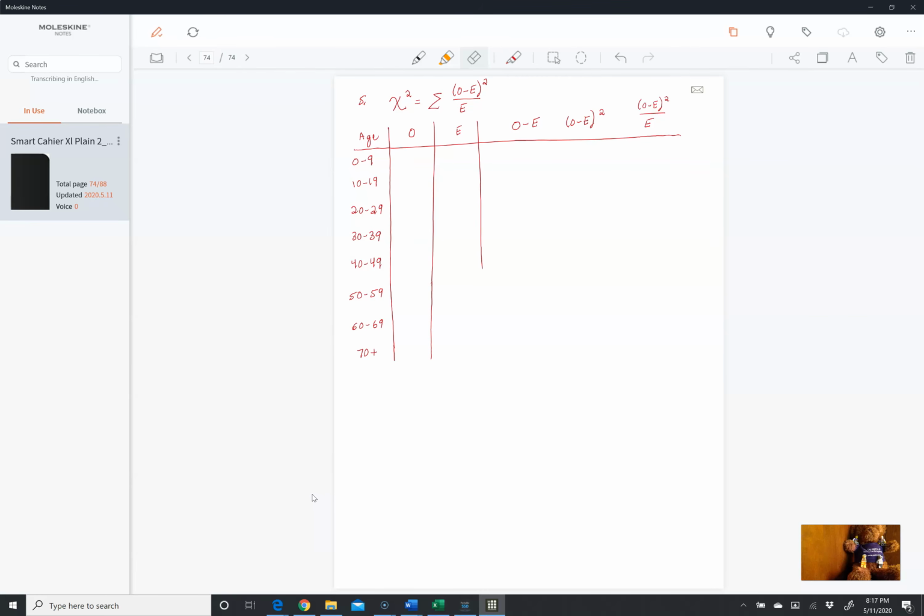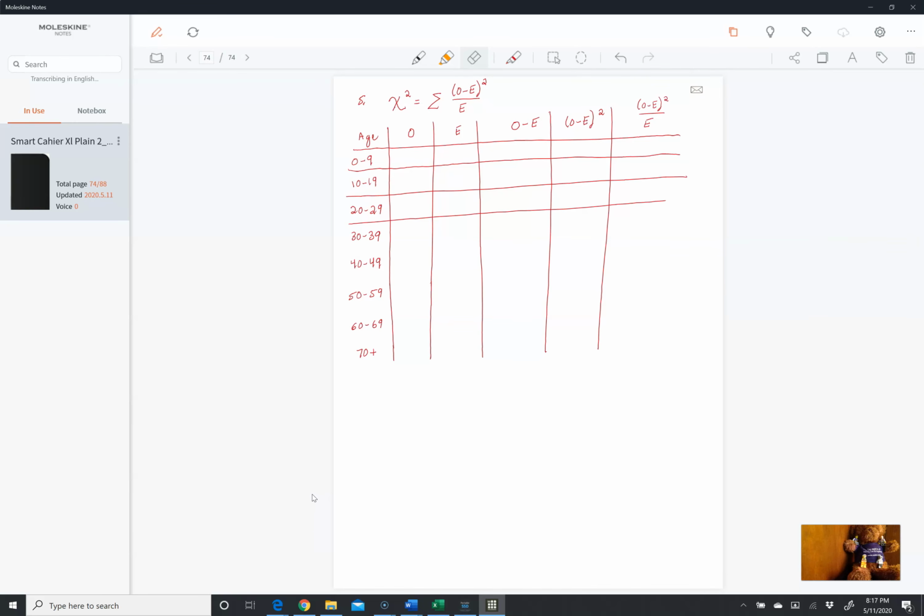And remember, first two columns come straight from what we have before, and this is why we calculated our expected frequencies, other than just to determine that it was greater than or equal to 5. We needed to calculate them all anyway, so we haven't wasted any time.